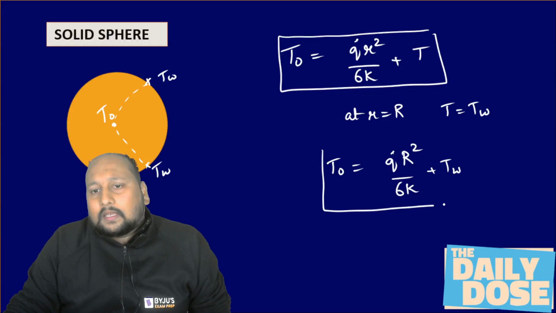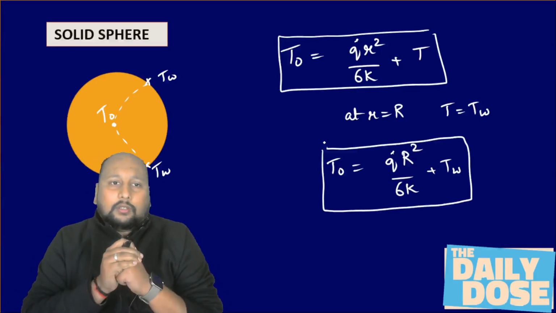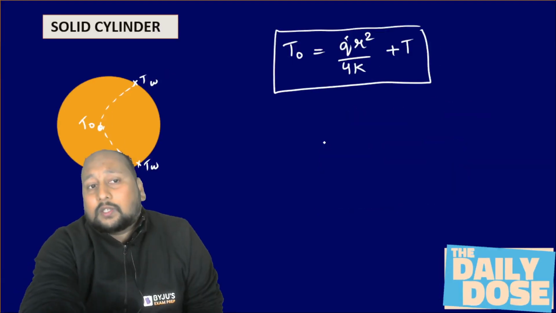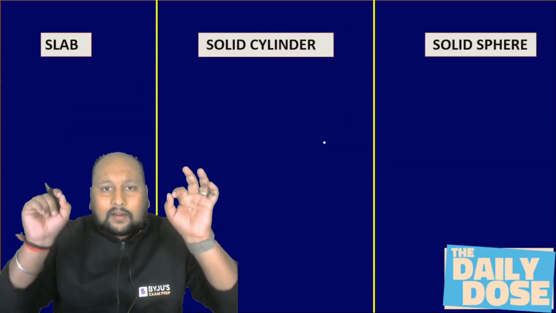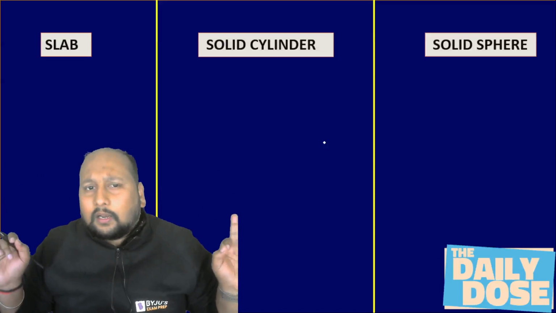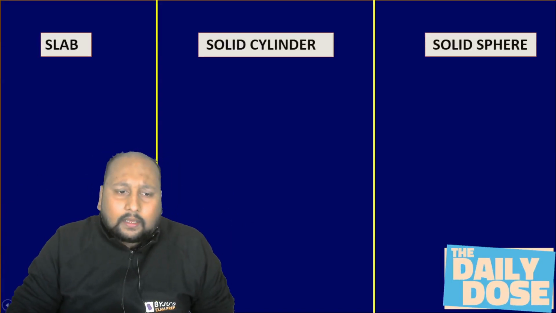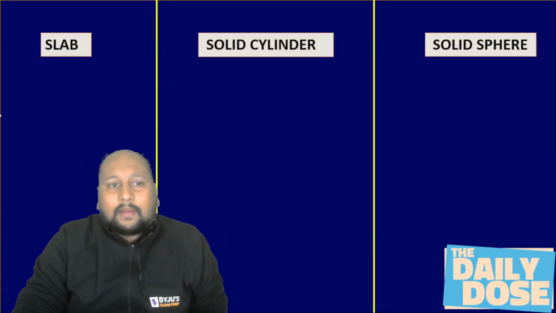Again, the problem is how we can remember these formulations. There are three distinct cases: solid sphere, solid cylinder and a slab. So what we can do is, let us try to understand from a very simple logic. I'm representing T naught as the maximum temperature.